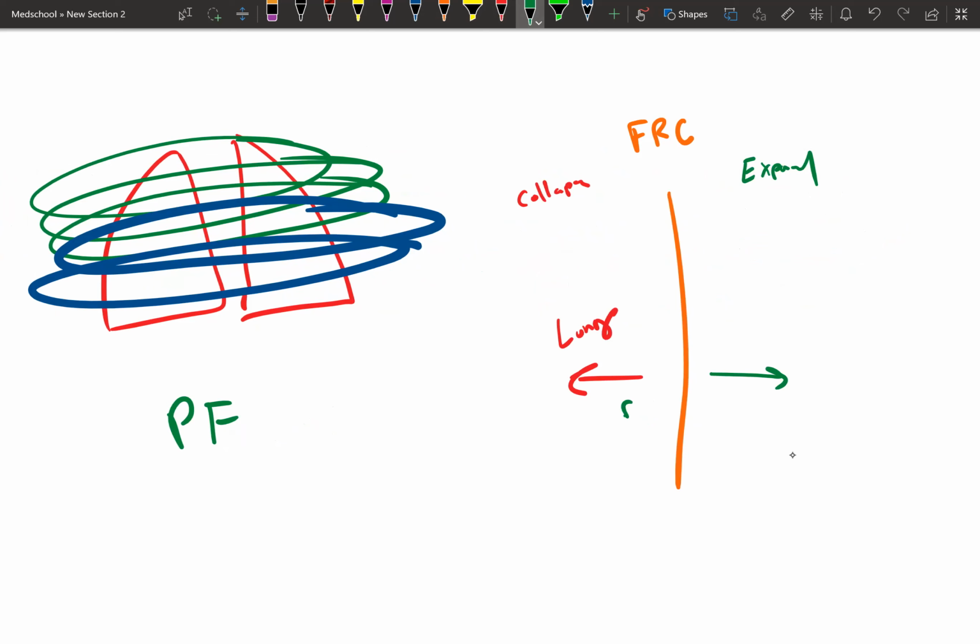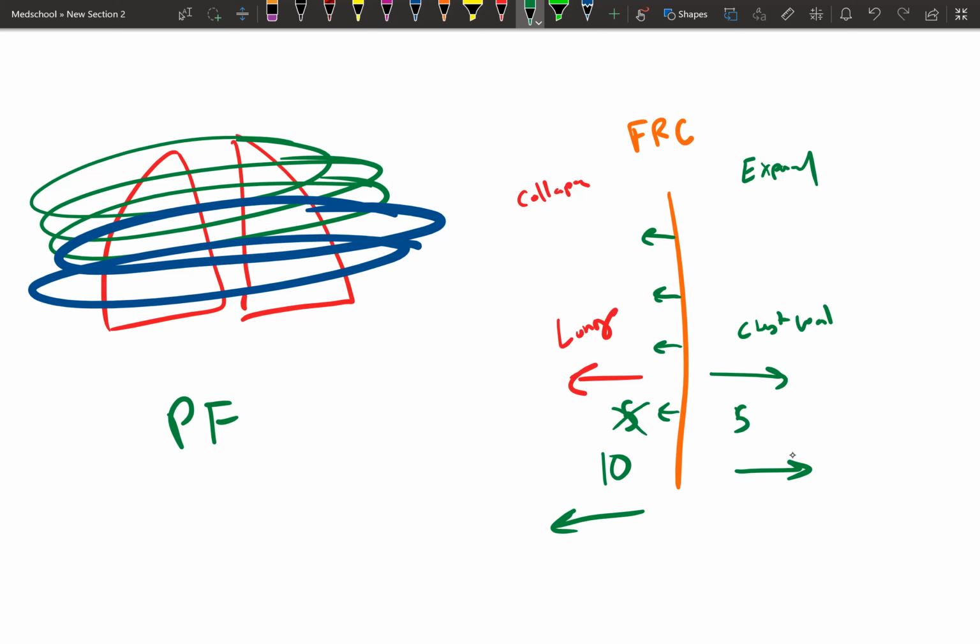If they both have like 5 units pulling opposite, whether it's pounds of pressure, millimeters of mercury, whatever you need, there's 5 force going one way and 5 force going the other way. FRC is where they're balanced. But with pulmonary fibrosis, we've added more inward recoil, so instead of 5 it's 10. If the chest wall pulls outward with 5 and the lungs pull inward with 10, it's going to shift the FRC this way. Do you see that?